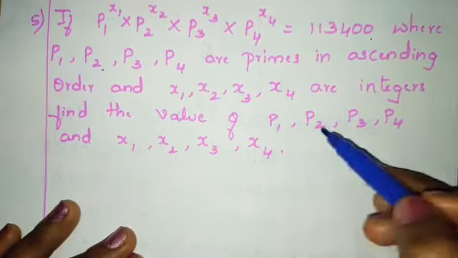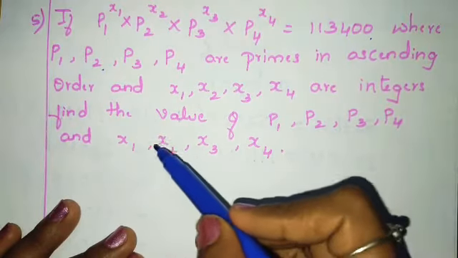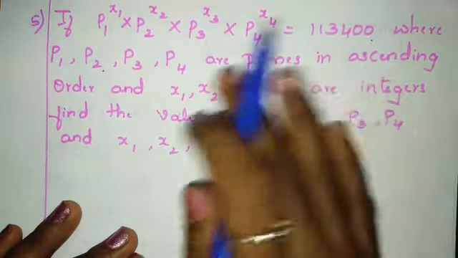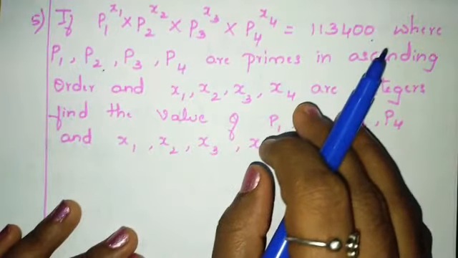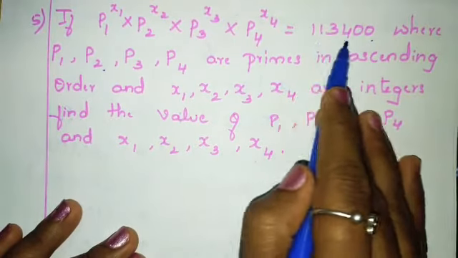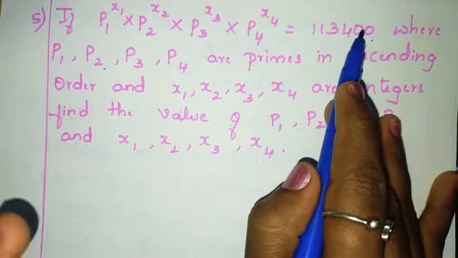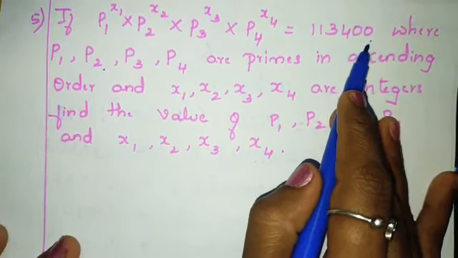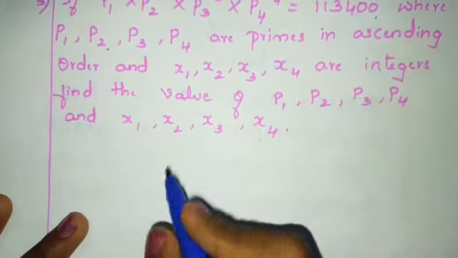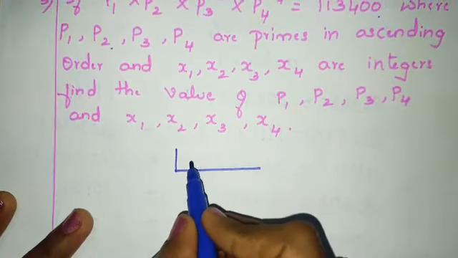Find the value of p1, p2, p3, p4 and x1, x2, x3, x4. Okay, so you have to find the values. So now we'll do a prime factorization for this number. Then you will get your p values and x values. So first, we'll take a prime factorization.